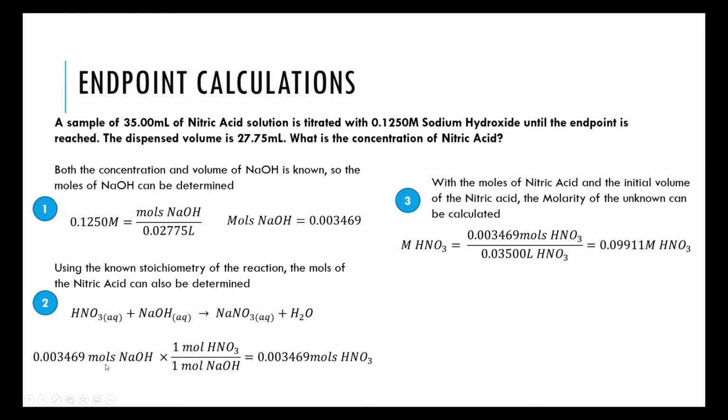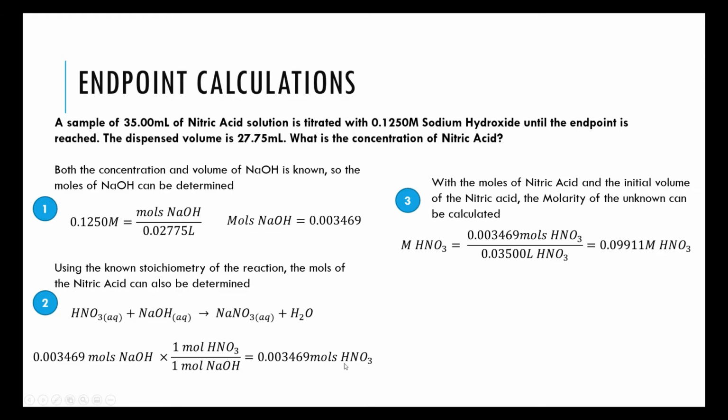So if you multiply your moles by the reaction ratio, you will end up with the moles of what you actually want. So this is a 1:1 ratio, and the moles of sodium hydroxide is equal to the moles of nitric acid.